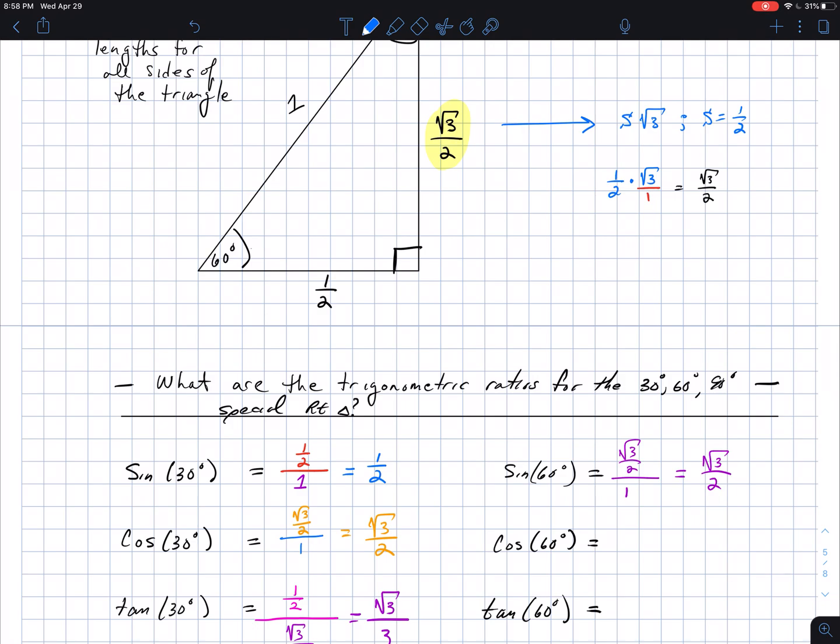So the adjacent is 1/2, and the hypotenuse is 1. So the cosine of 60 is simply 1/2.